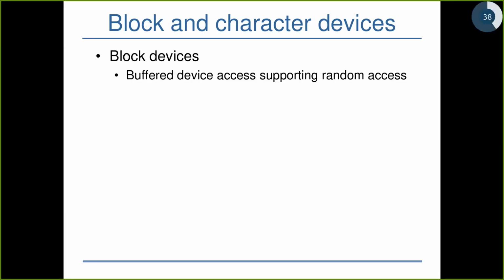Okay, so block and character devices. First of all, block devices. The idea here is that you typically want buffered device access supporting random access. That means I can access this block and that block.